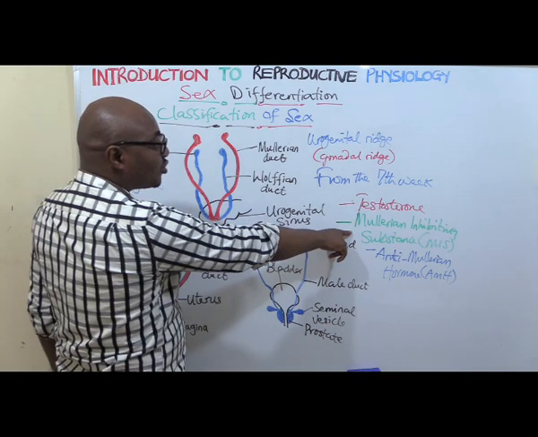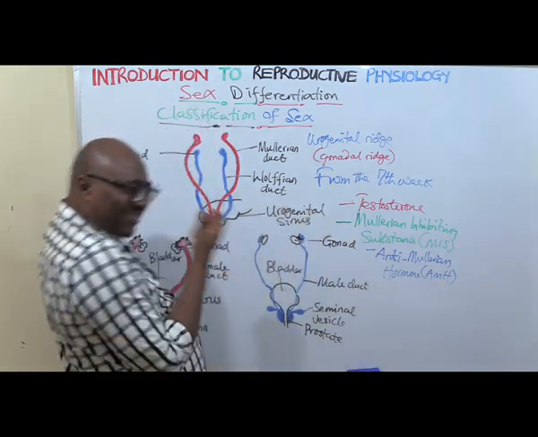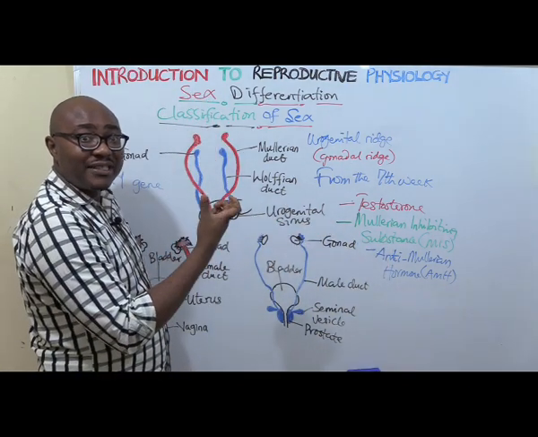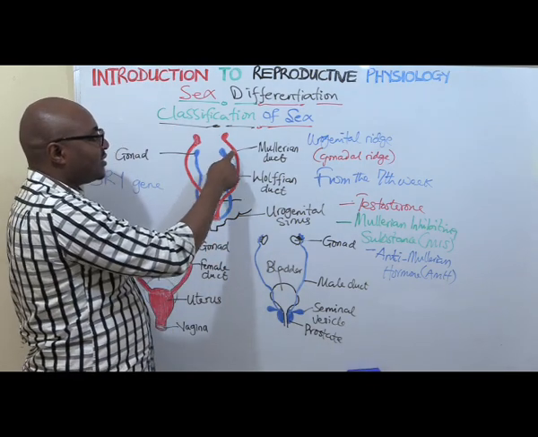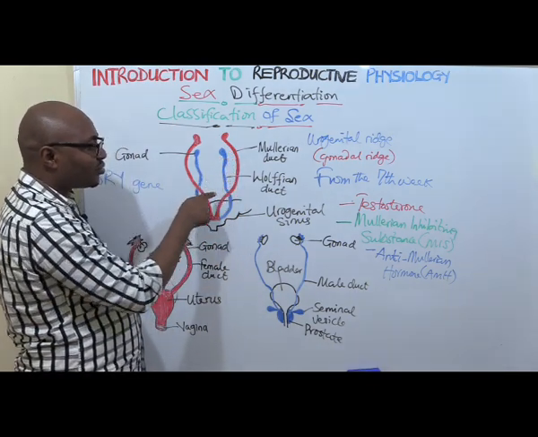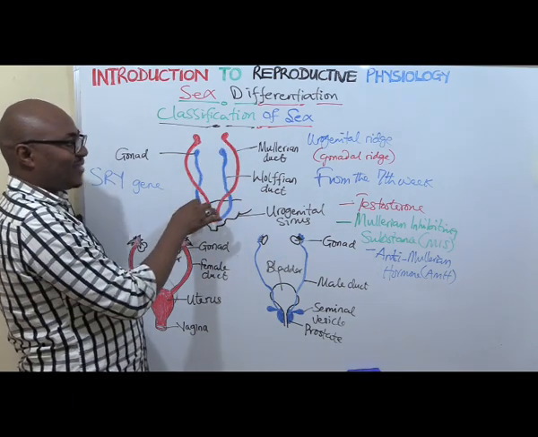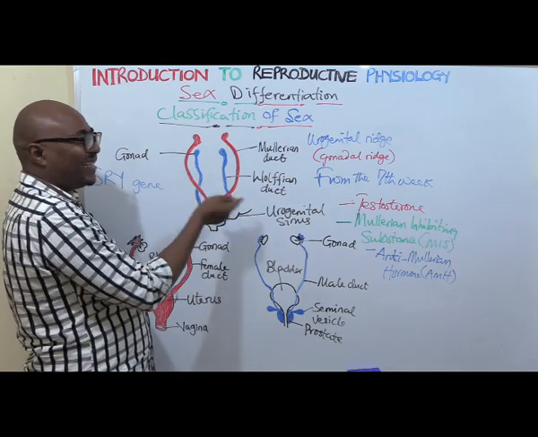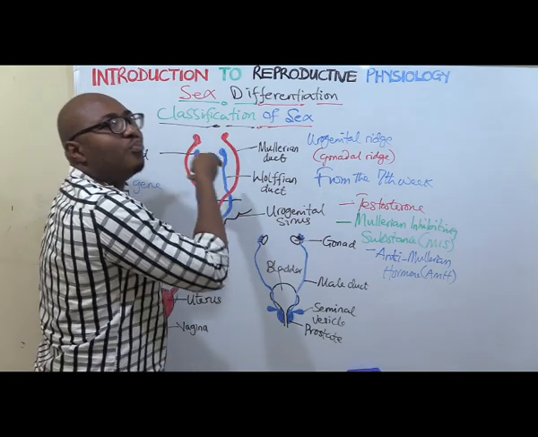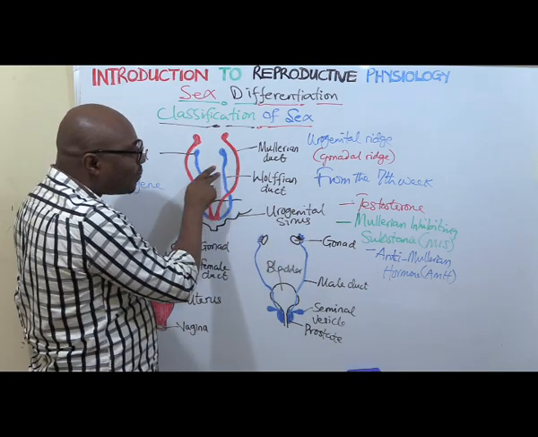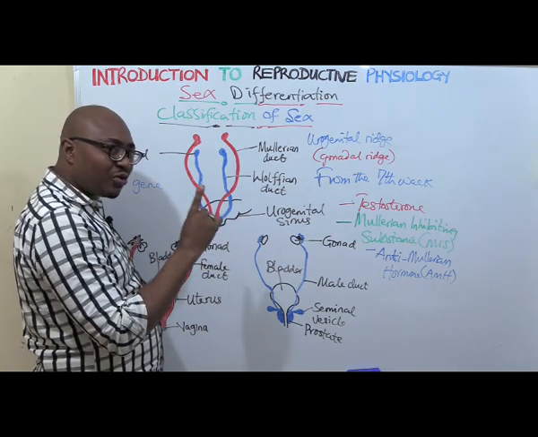So this Mullerian inhibiting substance secreted from the embryonic testis will inhibit the development of the Mullerian duct. You see that? It will inhibit the development, and at the same time, the testosterone will promote the development of the Wolffian duct. Take note of what I'm saying.